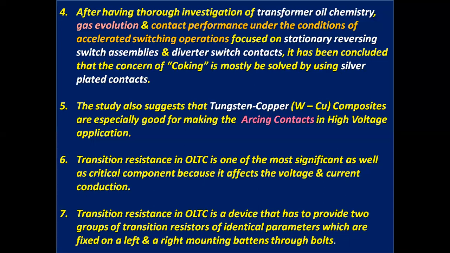Transition resistance in OLTC is one of the most significant and critical components because it affects the voltage and current conduction. Transition resistance in OLTC is a device that provides two groups of transition resistors of identical parameters, which are fixed on left and right mounting buttons through bolts.